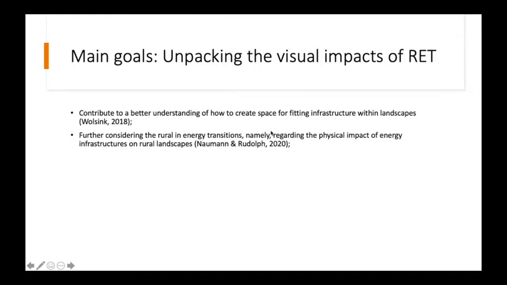And also on the other hand, as suggested by Matthias Naumann and David Rudolph recently, by acknowledging that it is important to further consider the rural in energy transitions. One of the ways to do that might be to pay more attention to the physical impact, so the visual spatial impact of energy infrastructures on rural landscapes specifically.